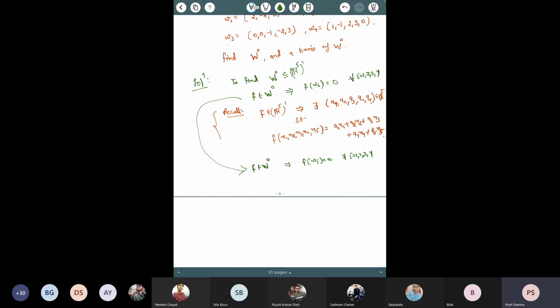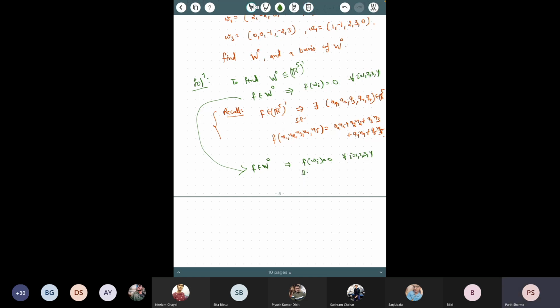But then what does this imply? f of wi is 0 means, if f is in W nor, that it would be of this form. So instead of x1, x2, x3, x4, x5, you write w1, w2, w3, w4, and this will give you a system of equations. So don't worry, I'll solve this. I'm just giving you the idea before we proceed.